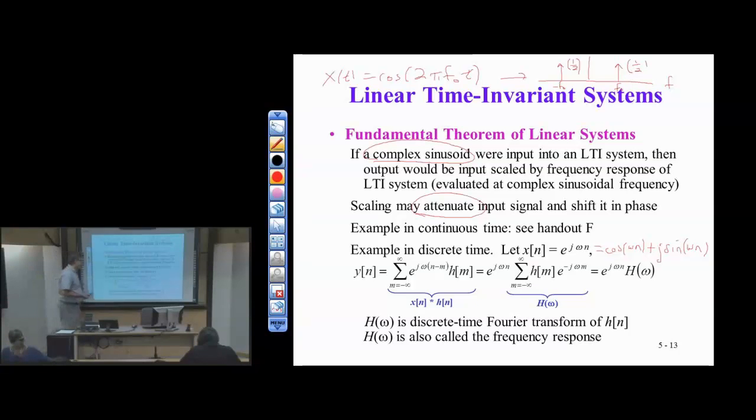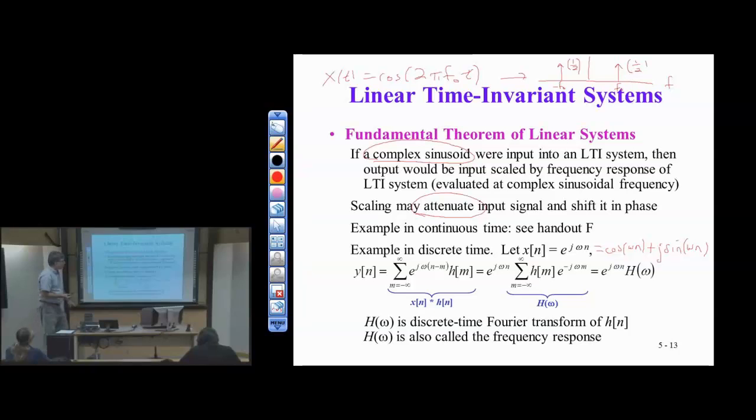All right, so let's look at what happens. So let our input be... this is a real valued sinusoid, and we'll talk about how to extend this to that case, but the statement here is actually for a complex sinusoid: cosine omega n plus j sine omega n.